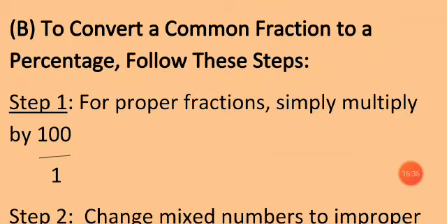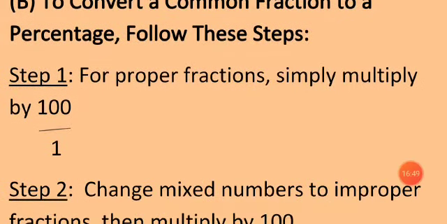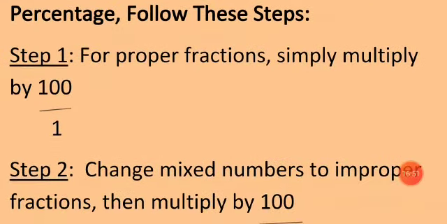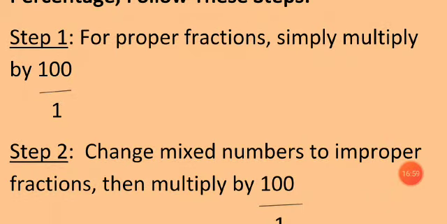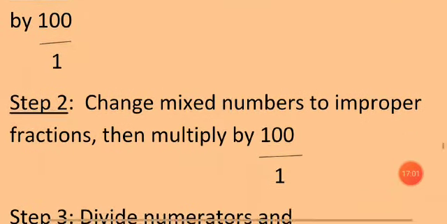Let's proceed to the part B, that is the vice versa. The vice versa is taking common fractions to percentages. Conversion of common fractions to percentages. We follow this step. Step 1: if the common fraction is a proper fraction, we simply multiply by 100 over 1.